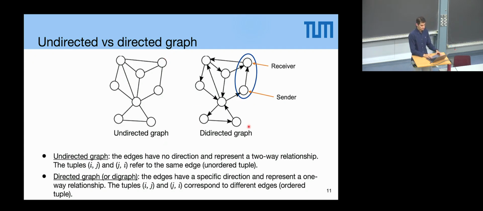And in a directed graph, the direction actually matters, and they represent a one-way relationship. For instance, if we are talking about Instagram, if node i is following node j, it doesn't mean that node j is also following node i.